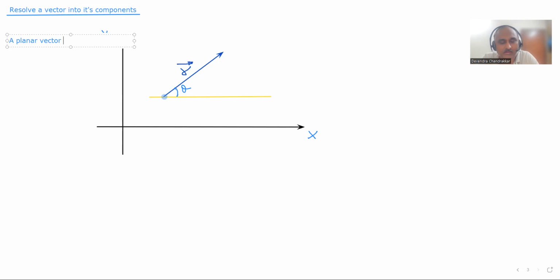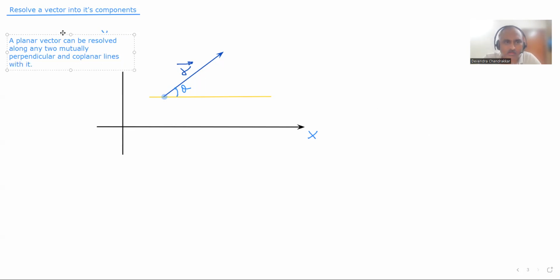So a planar vector can be resolved along any two mutually perpendicular and coplanar lines with it.